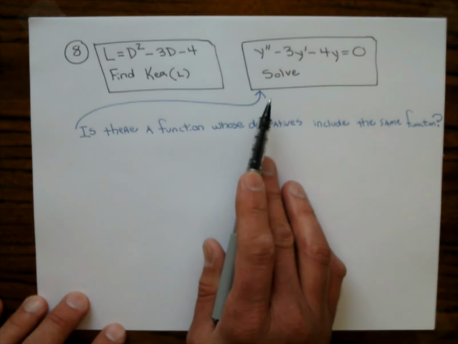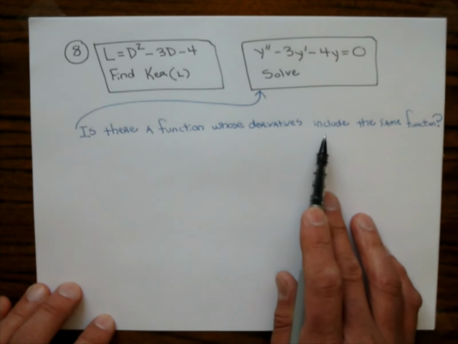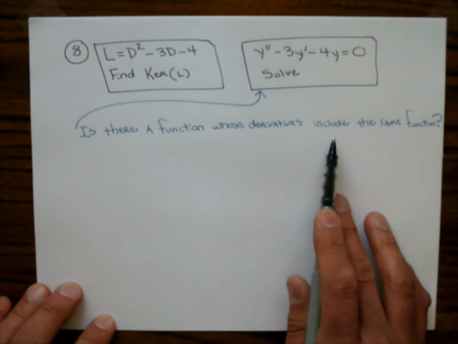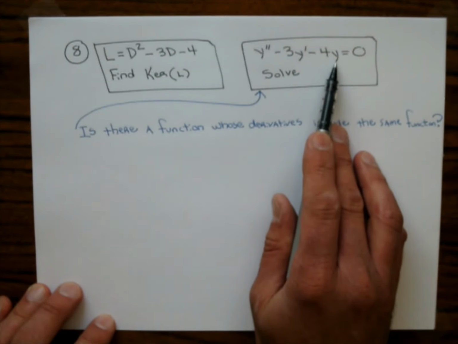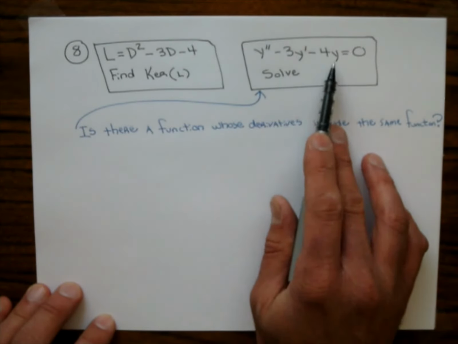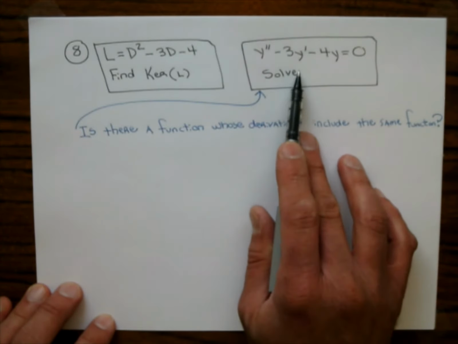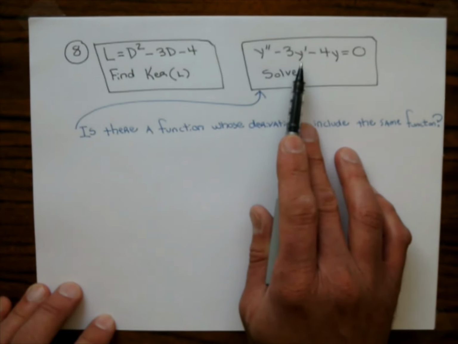But I'm going to help us along by asking this question: is there a function whose derivatives include the same function? Because look at this, we have y, and then you have y prime, and you have y double prime. And if the derivatives include the same function, then perhaps when you plug that in there, you'll end up getting 0 equals 0 if those all cancel out.